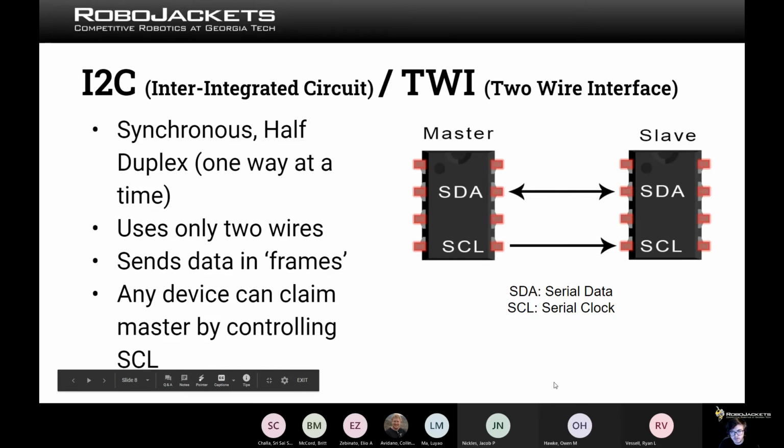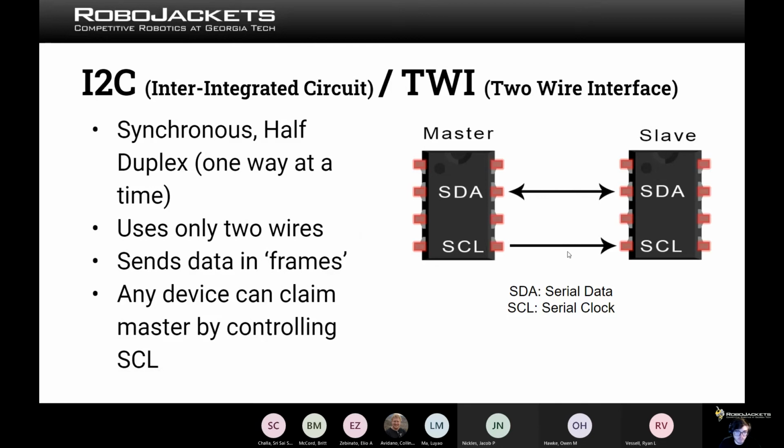And in that frame, or like a packet, right? That's more often the term heard. This frame will have the address so that each device would know what's being asked of it specifically. But any device can claim being the air quote master by controlling the serial clock.